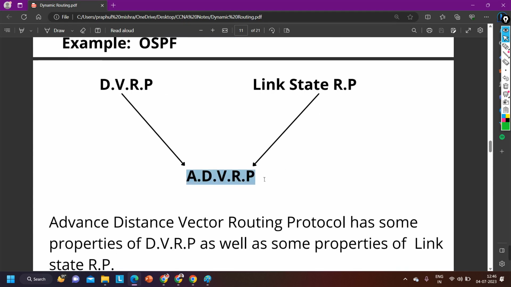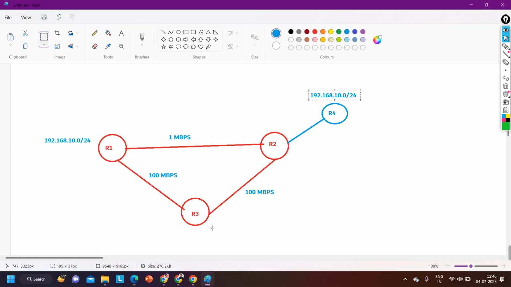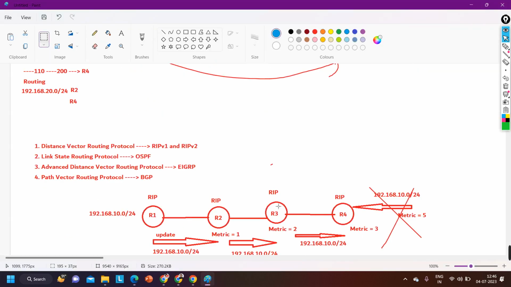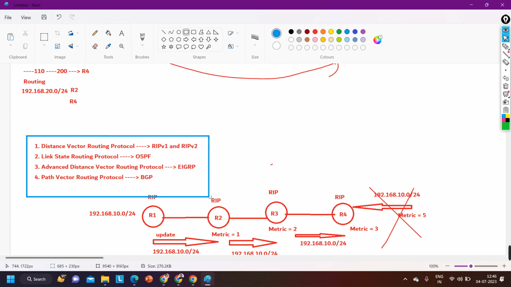And then we have the advanced distance vector routing protocol, which is a combination of distance vector and link state routing protocols. As I told you, there are 4 types of dynamic routing protocol: distance vector, link state, advanced distance vector, and path vector.